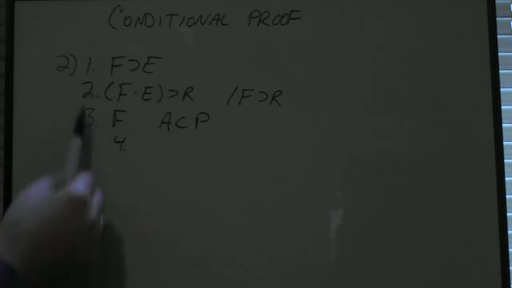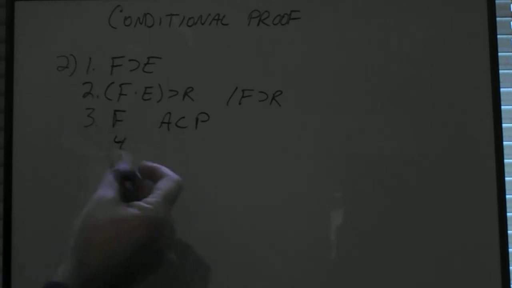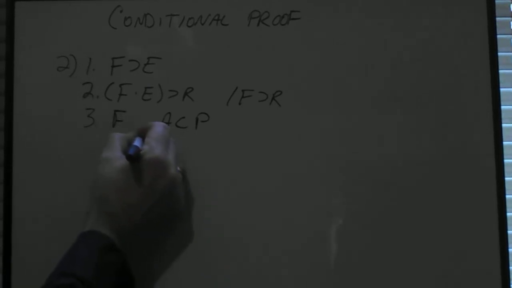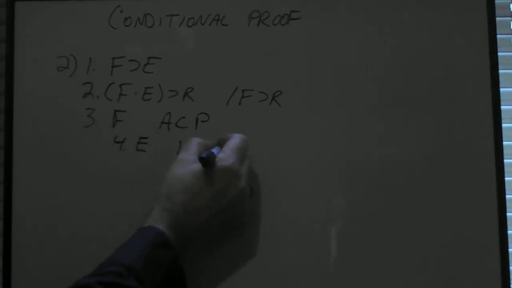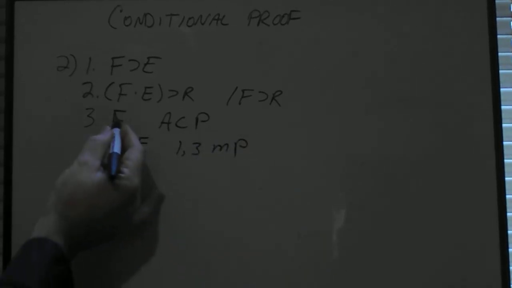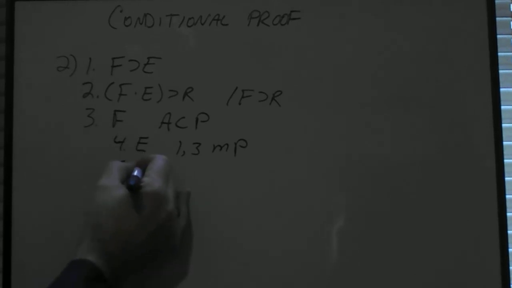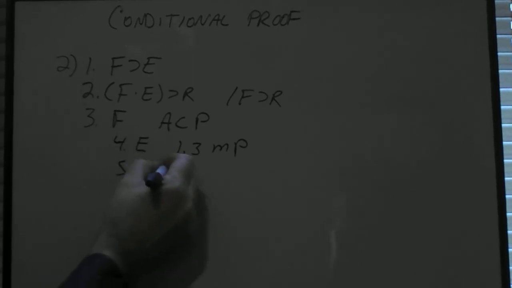So we have lines 1 and 3, if F then E, F, therefore E, 1 and 3 modus ponens. Now we have F on line 3, E on line 4. We can use conjunction to stick those together.